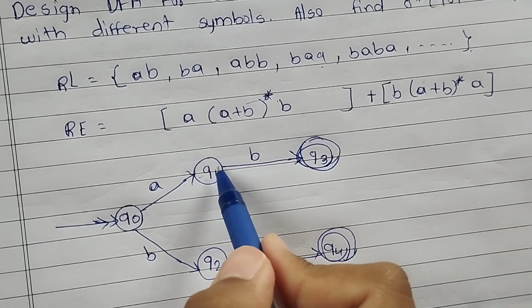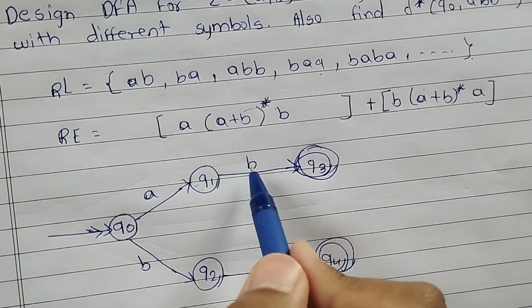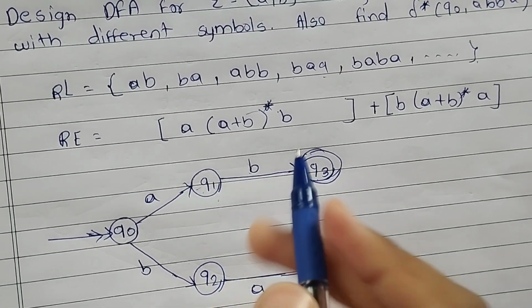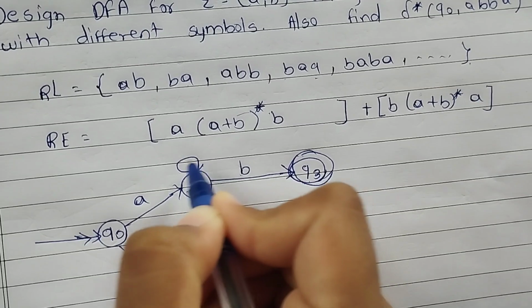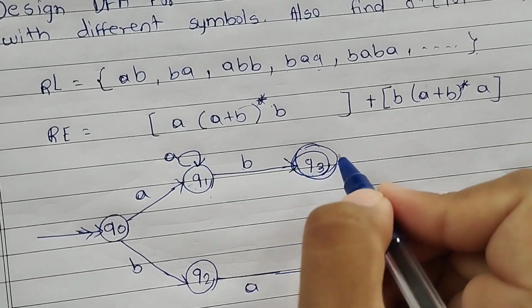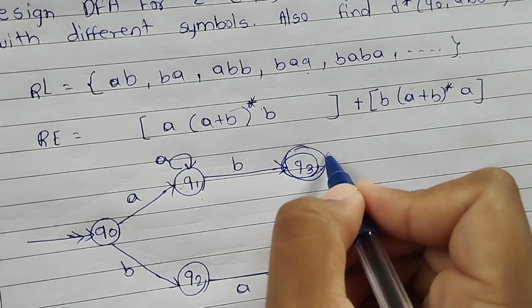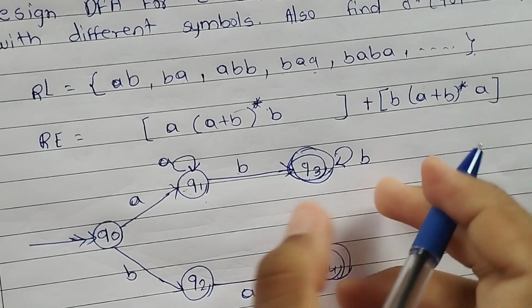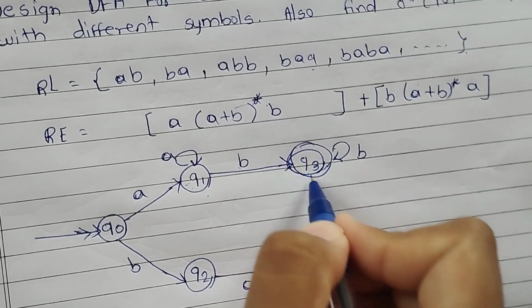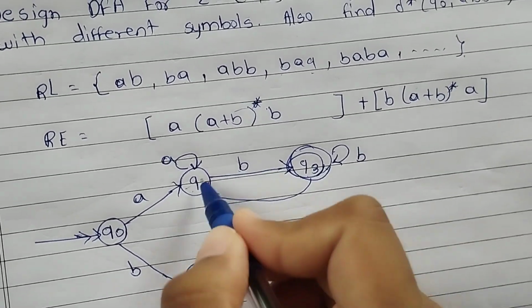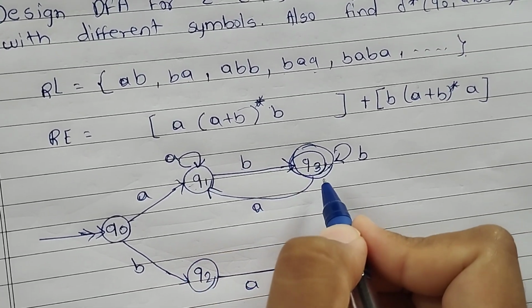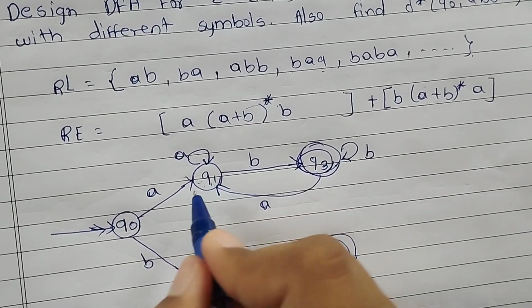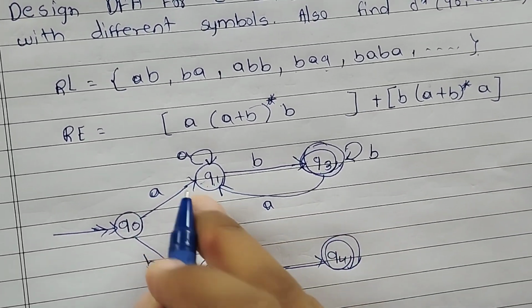Q1 transfers on B to Q3, but A is not transferred anywhere, so A loops on itself. Now B: Q3 reads B by itself because we want the end with B, and A we transfer to that middle state. So if any A comes after this B, it goes through this middle state and the string is not accepted at that moment.